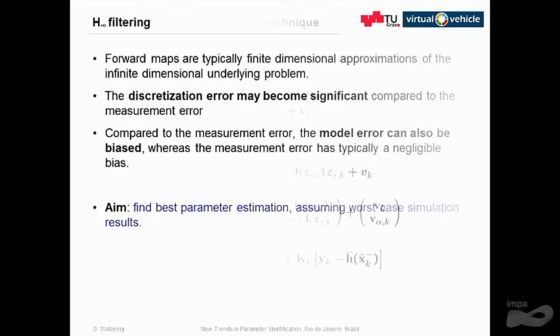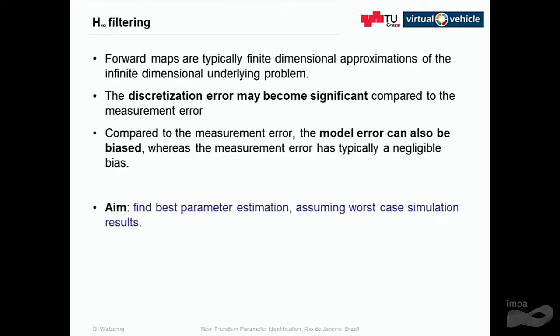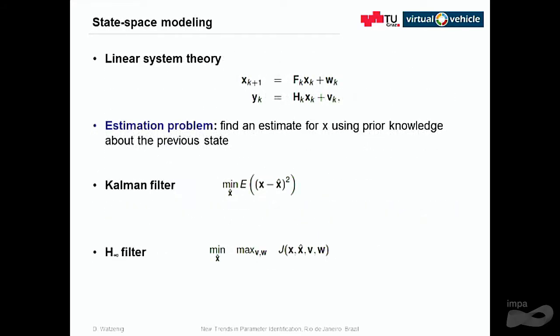That means you can actually have an A plus delta A. So you're optimizing more or less the worst case, you're minimizing the worst case. So you are always on the safe side if you go for the H-infinity. It's a robust filter, a robust estimator.